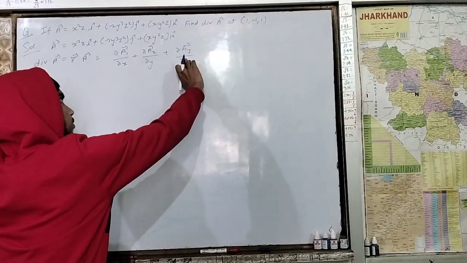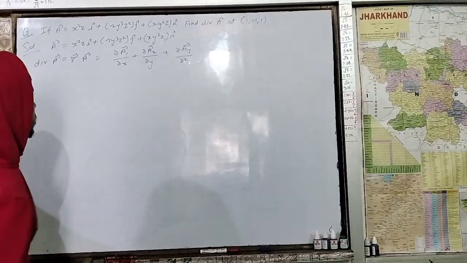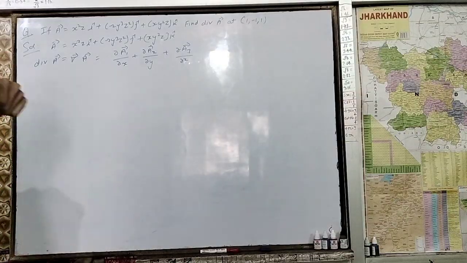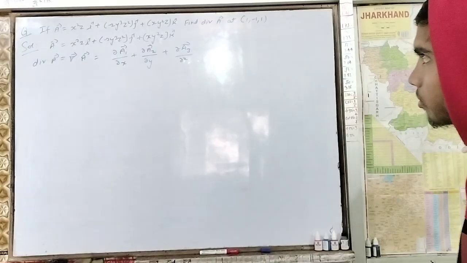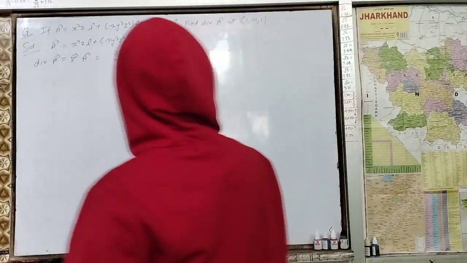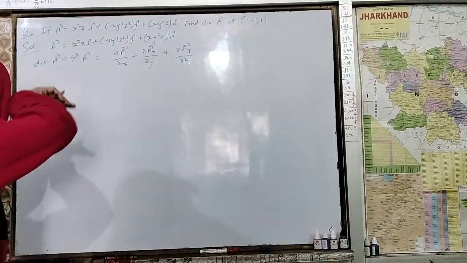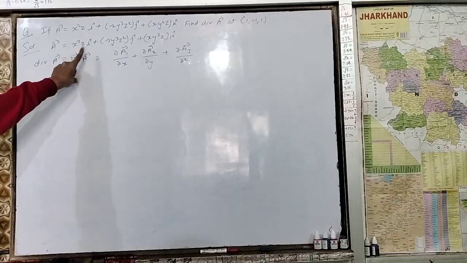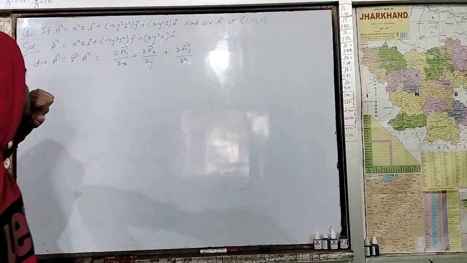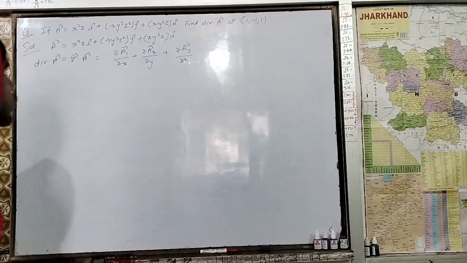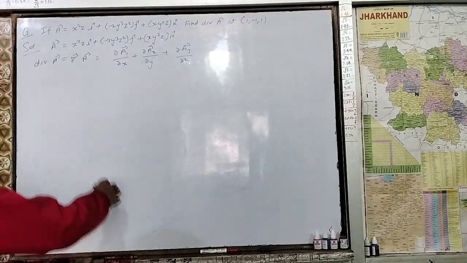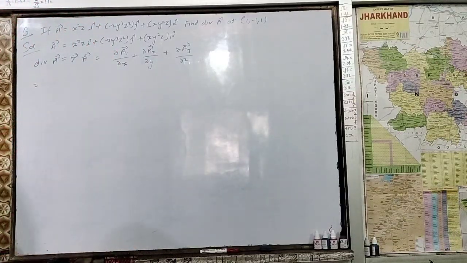Till here we don't have any dots. So a1 is x square z, a2 is minus 2 y raised to power 3 z square, and a3 is x y raised to power 2 z. Just substitute the values.